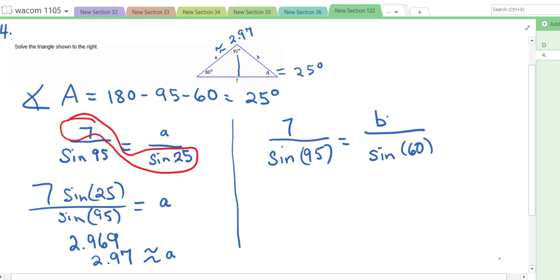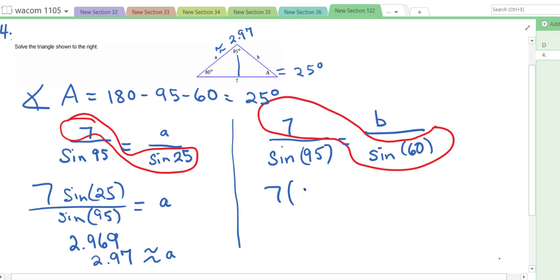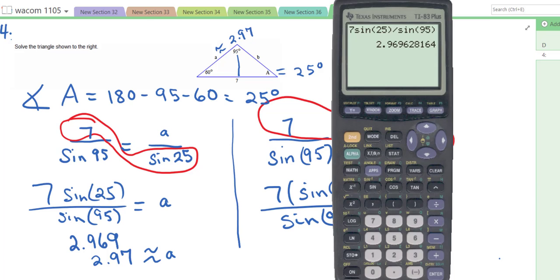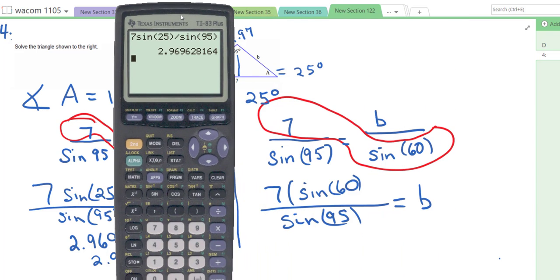Again, your b is here, so 7 times the sine of 60 divided by the sine of 95 will equal the b. That one will also need to go to 2 decimal places.